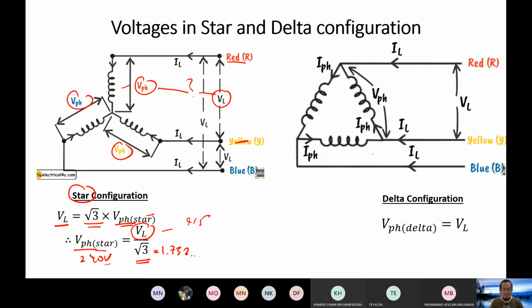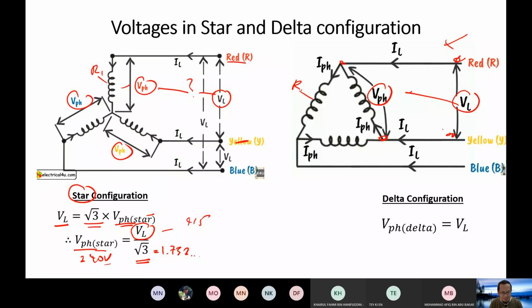How about delta? This is the same winding, with the same resistance. R1, R2 and R3 all have the same resistance value. If you disconnect the star winding and reconnect the motor into this configuration, the line voltage will be equal to the phase voltage, because you see these two are measured from the same point.